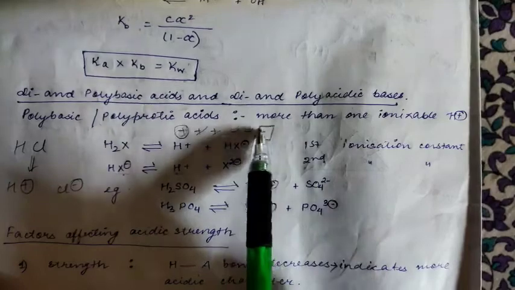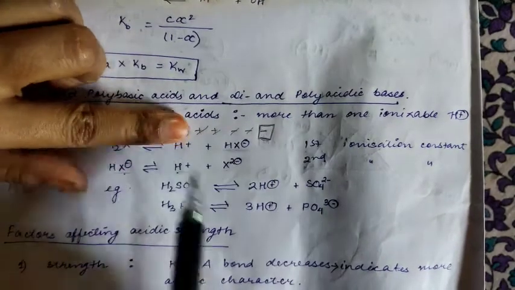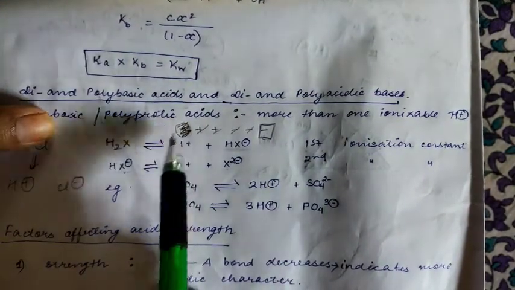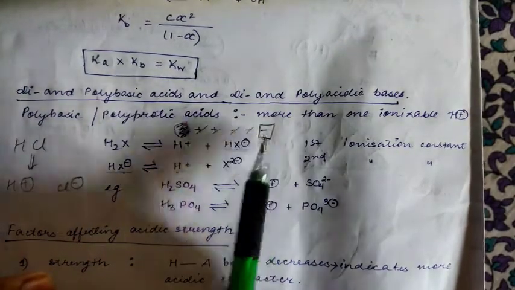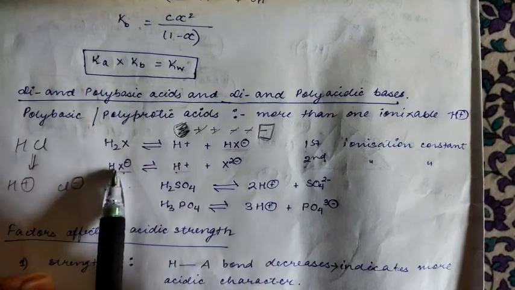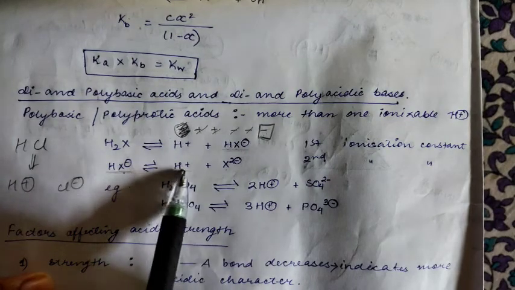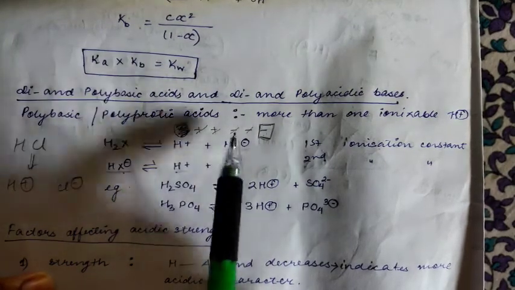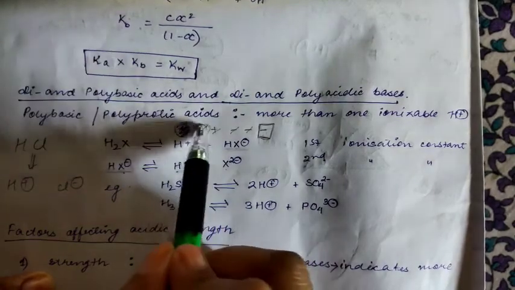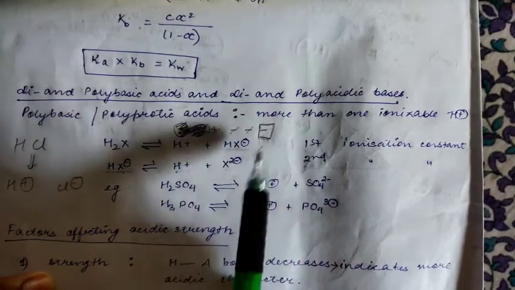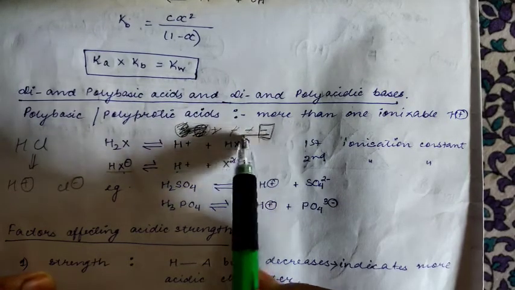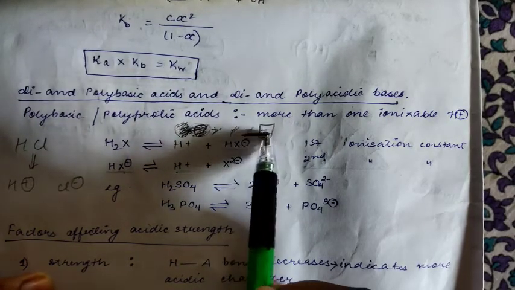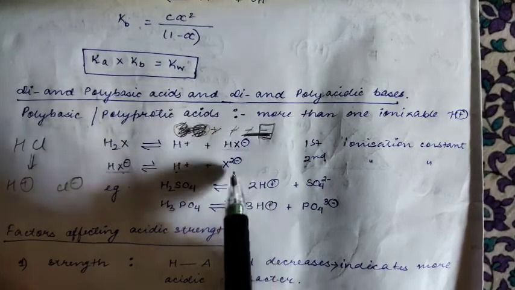Now one negative was already here, so this is HX negative, meaning one extra negative was already there. From here again you have removed one proton, so here it will become 2 negative, because one more proton which was positive in charge has been released. So this positive will counteract this negative, and you will get minus minus, 2 negative.